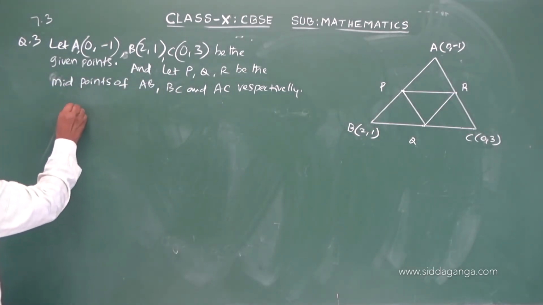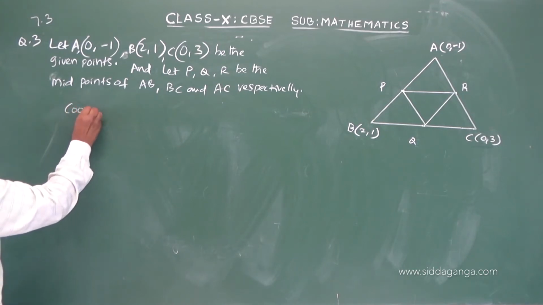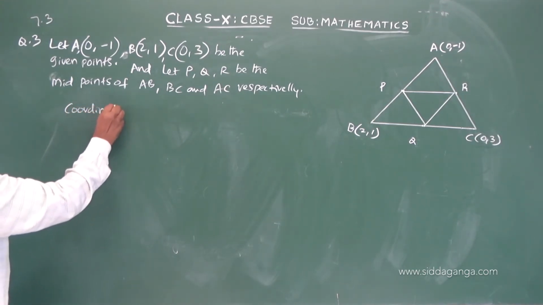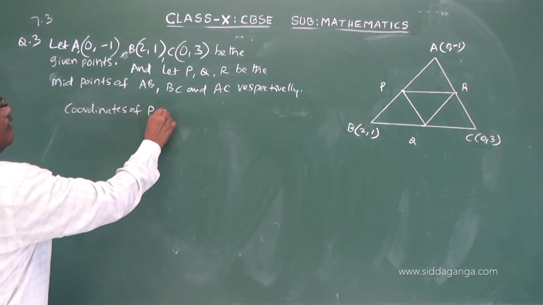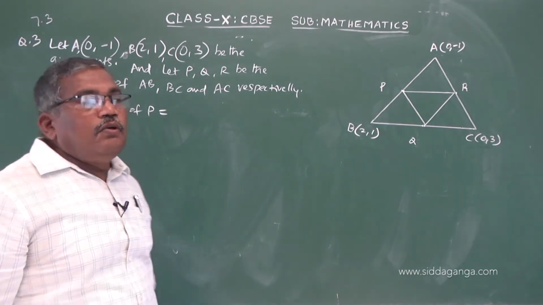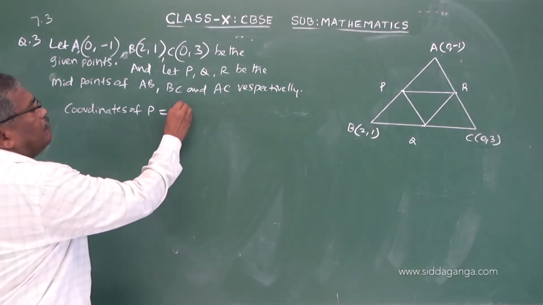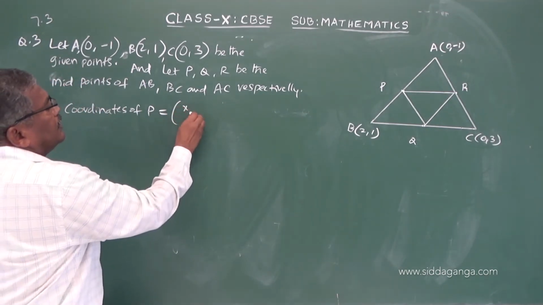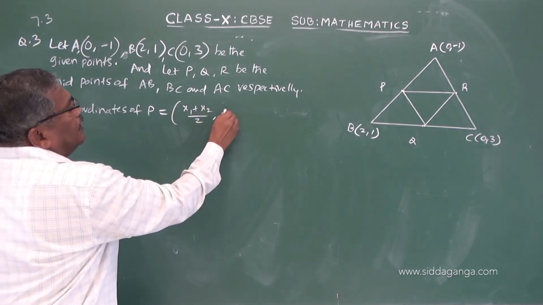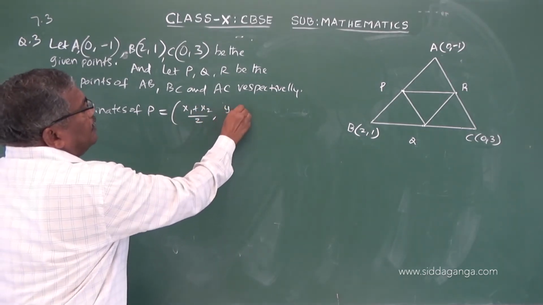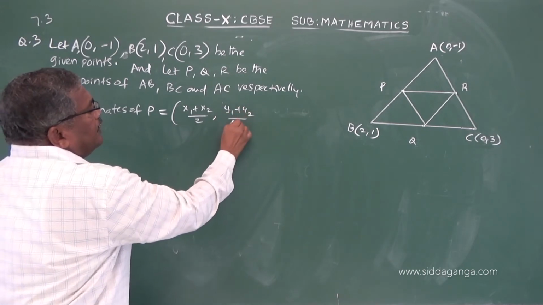So coordinates of P equals, so the midpoint formula will be x1 plus x2 divided by 2, comma, y1 plus y2 divided by 2.